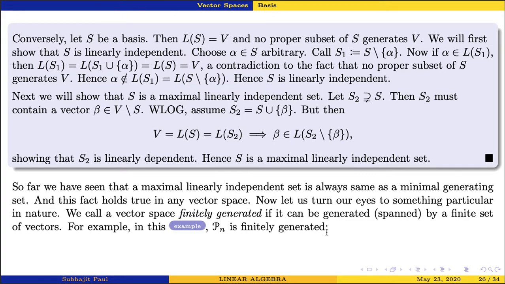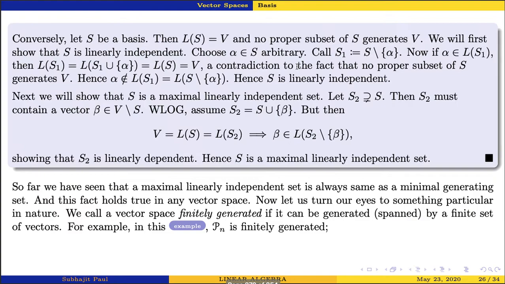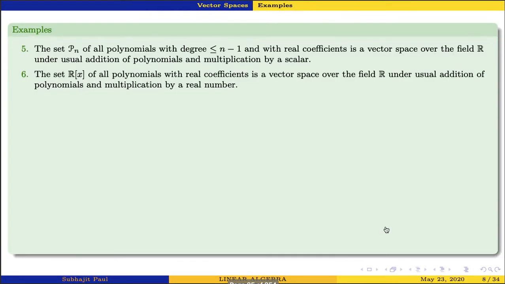For example, Pn, where Pn was polynomials of degree less than or equal to n minus 1 with real coefficients. This Pn is a finitely generated vector space. Whereas in the next example, R[x], the set of all polynomials, is not finitely generated.